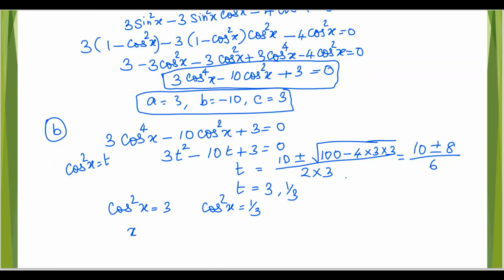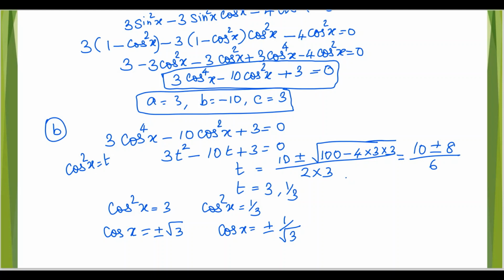So cos x equal to plus or minus square root of 3, and here cos x equal to plus or minus 1 over square root of 3.